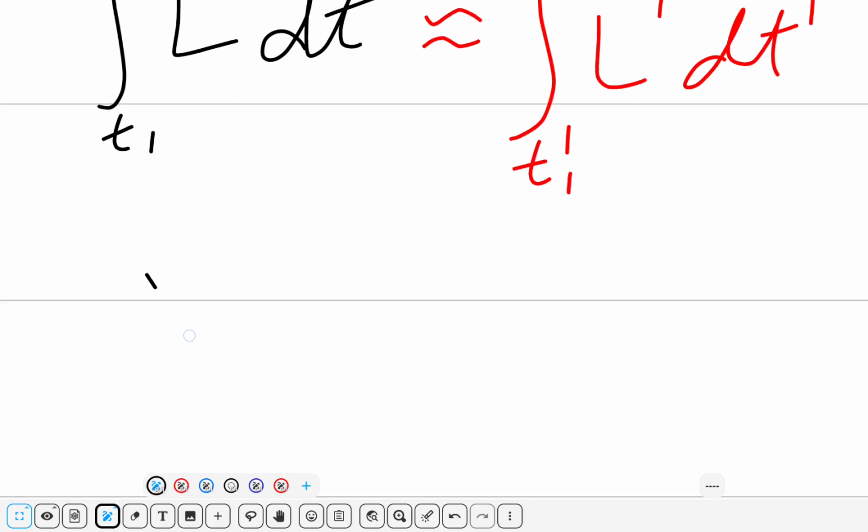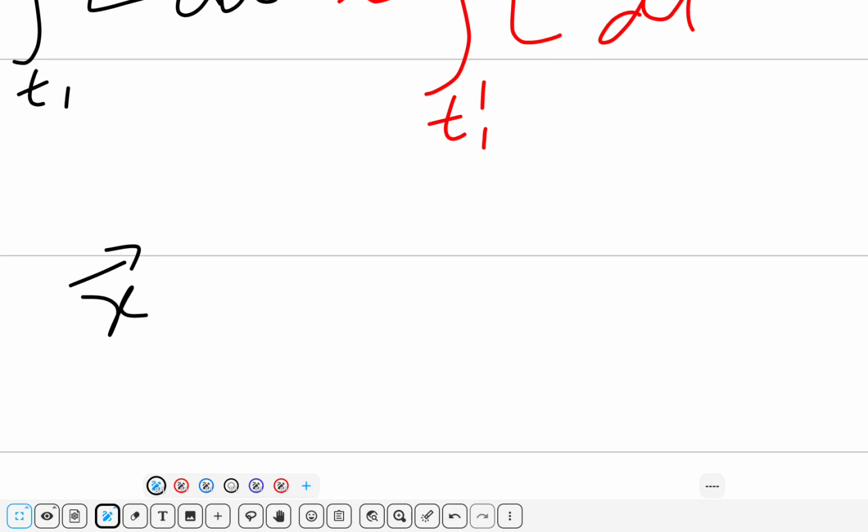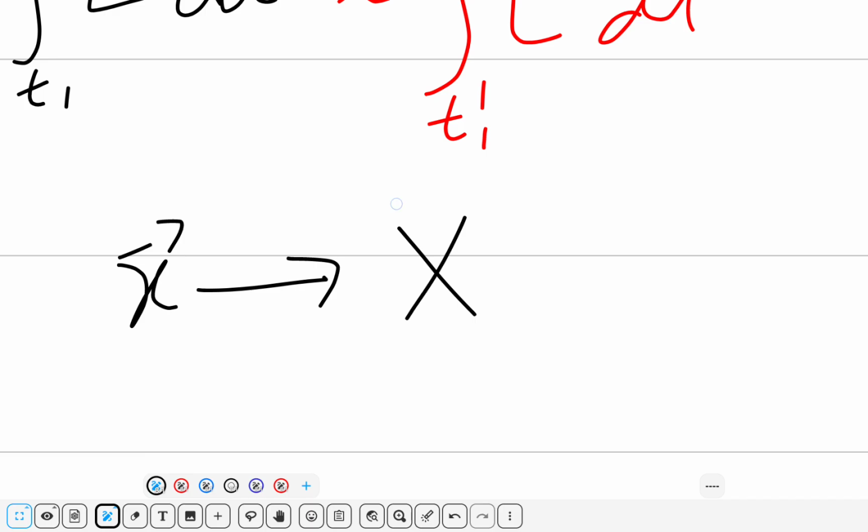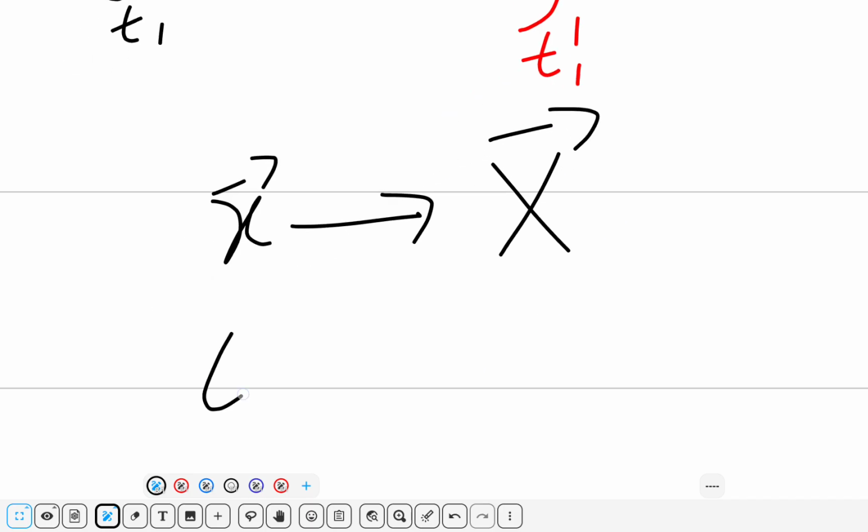Let's say initially this was your space, but now you will do a translation on this space. And similarly you will do a translation on time.